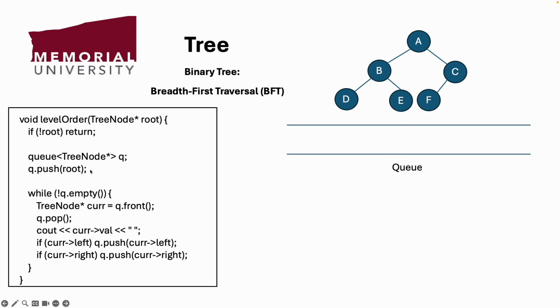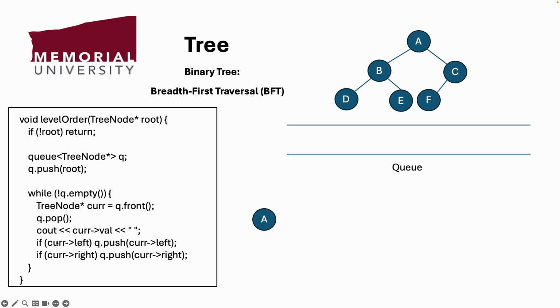Now we push the root, A, into the queue. While the queue is not empty, we declare the current tree node pointing to the queue front, which is now node A. And then we pop A, and print it here.